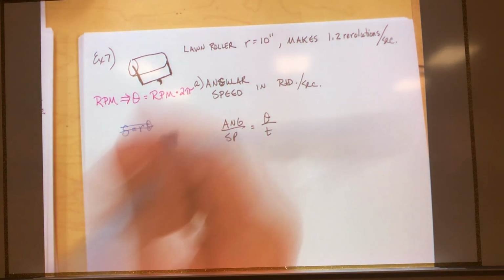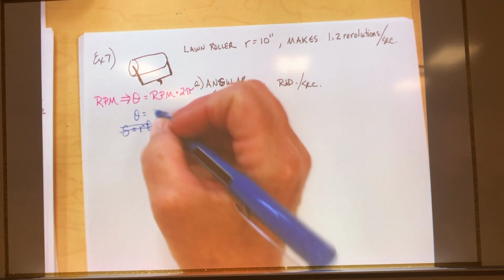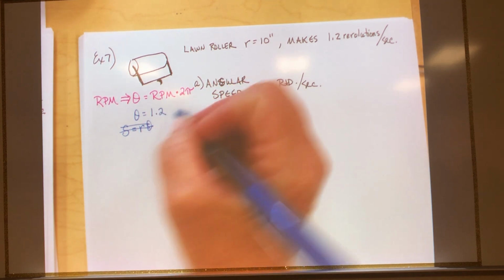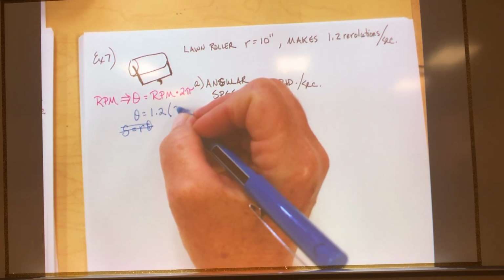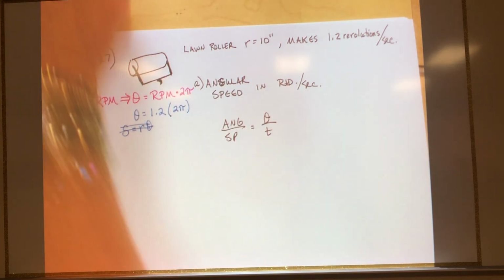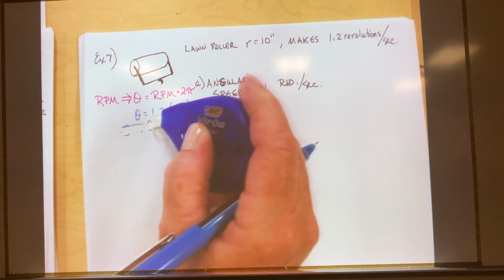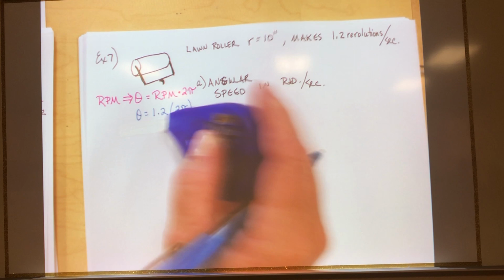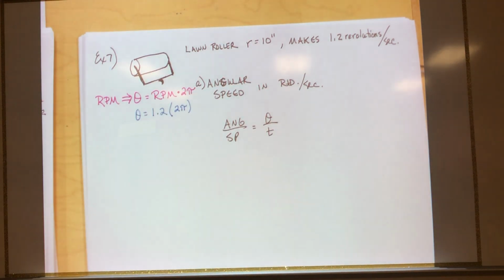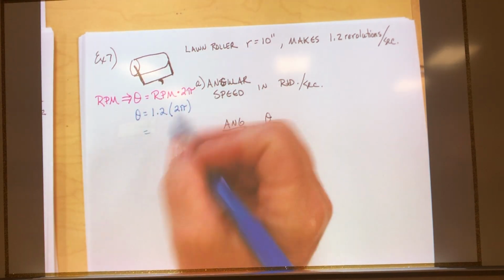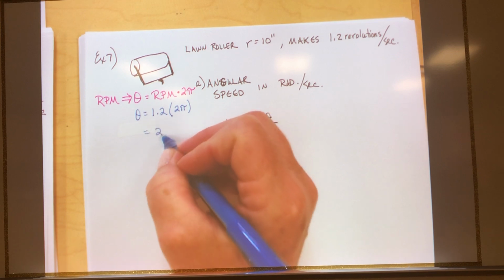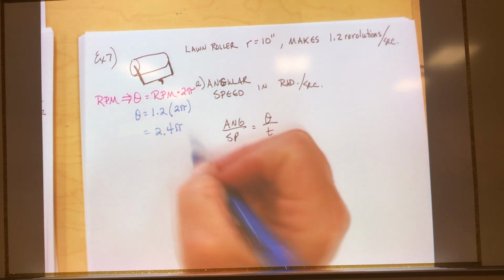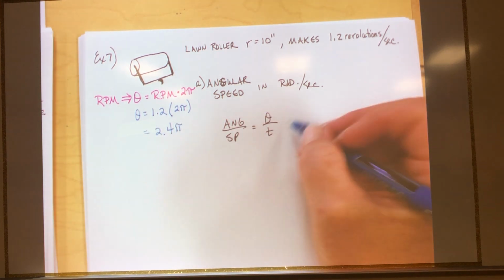I'm going to say 1.2, and I'm going to multiply it by 2 pi. 2 times 1.2 is 2.4 pi. That's my theta, so I'm going to put it up here.